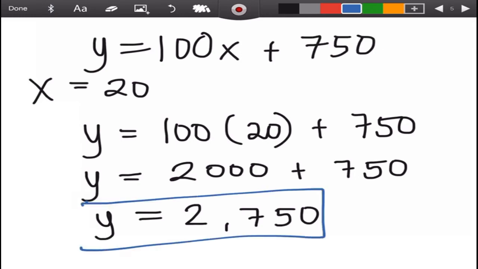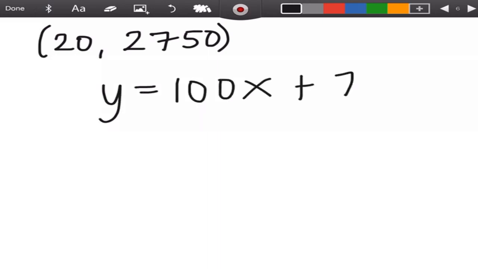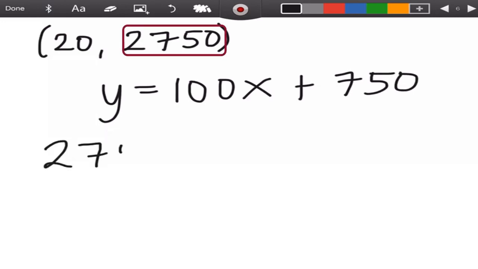If you want to check your answer, you will just substitute the value of x, which is 20, and y is 2,750, in the equation y equals 100x plus 750. y is 2,750. Substitute it.